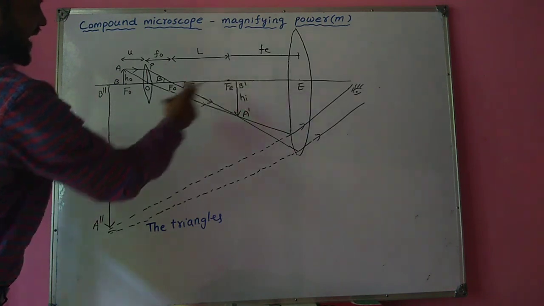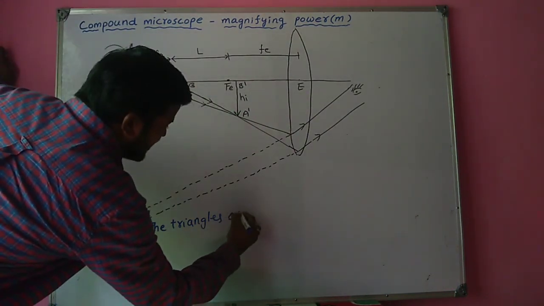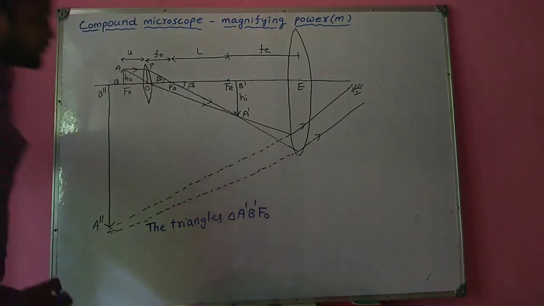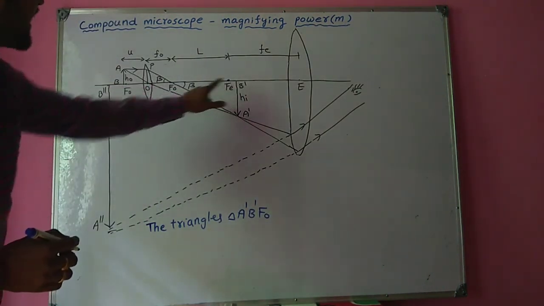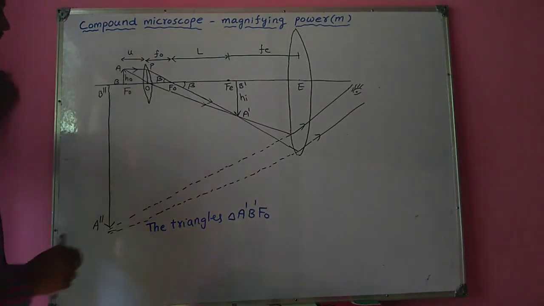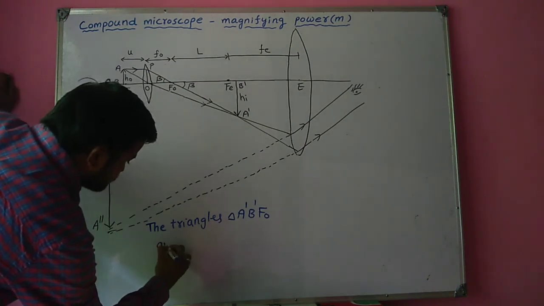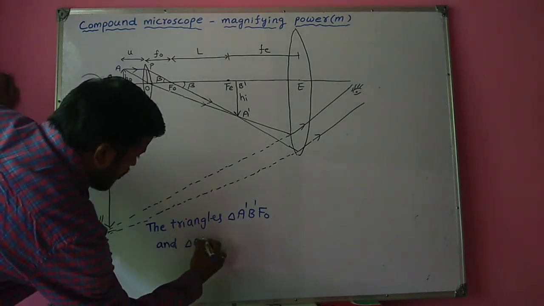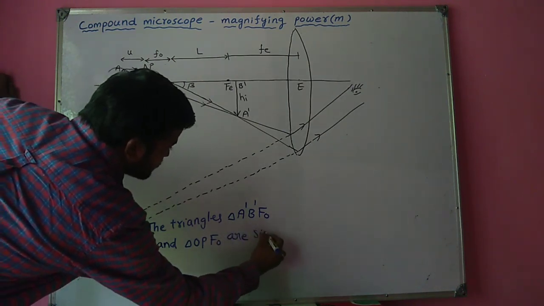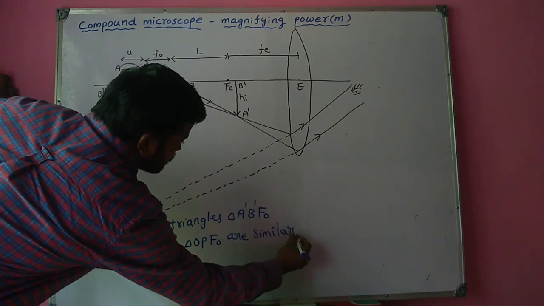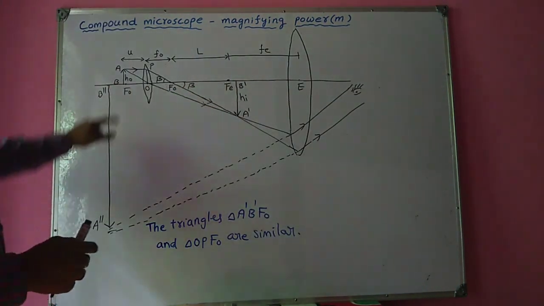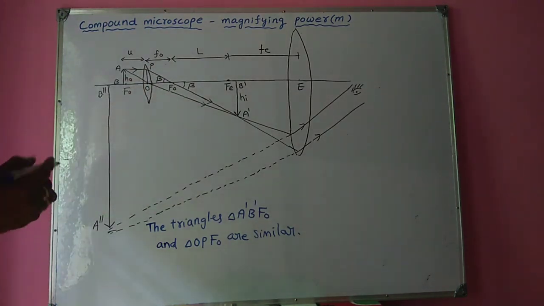Triangle A dash B dash FO is one triangle, and triangle OPFO is another triangle. The triangles A dash B dash FO and OPFO are similar triangles.